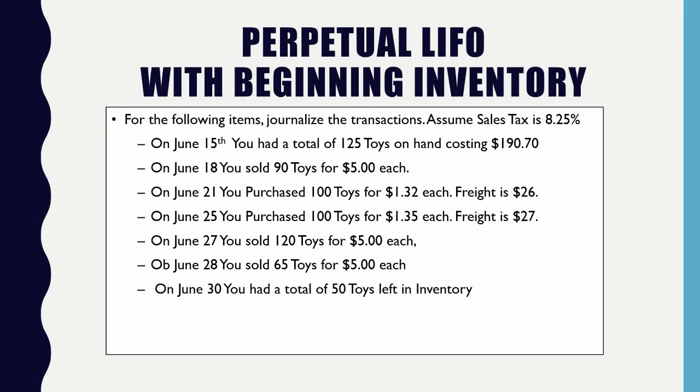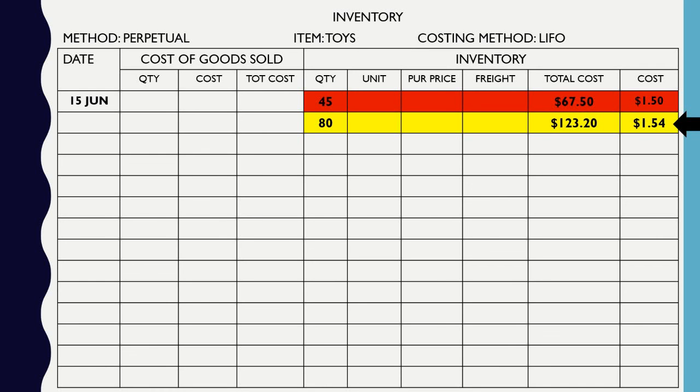So I end up selling another 90 toys for $5 each on the 18th of June. So once again, I sold 90. In this case, I'm going to be dipping into both my yellow account and my red account because yellow only has 80, which I know already by calculating.